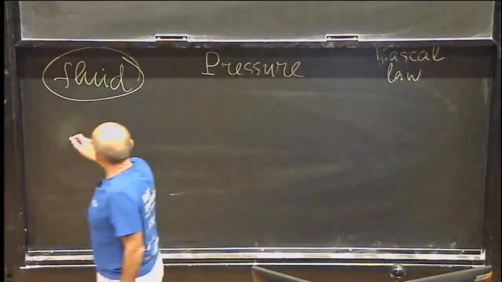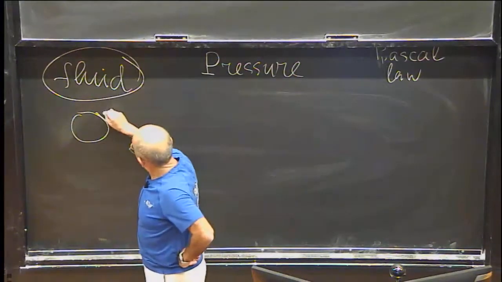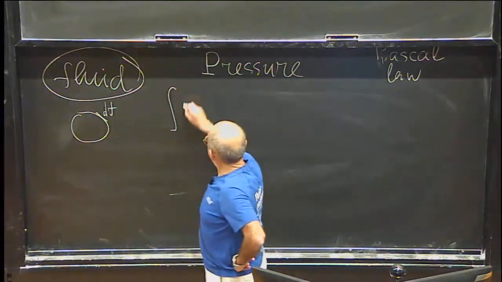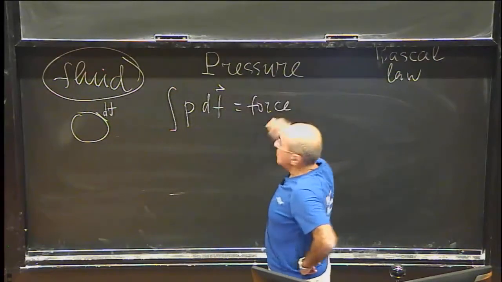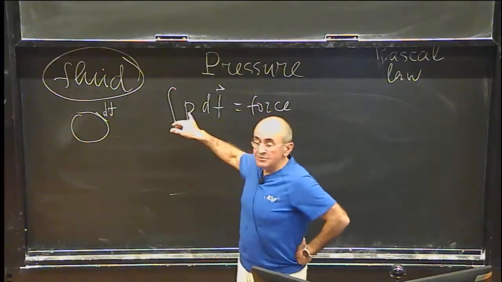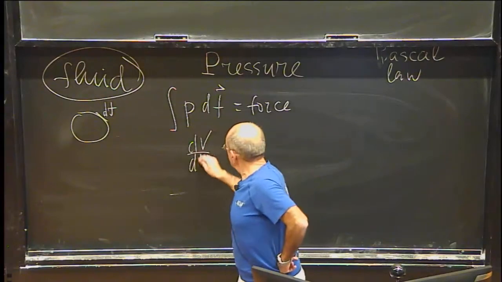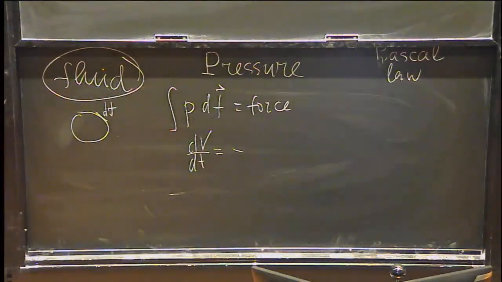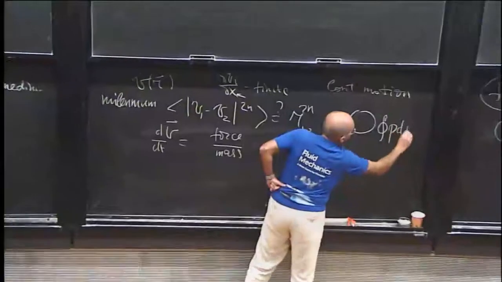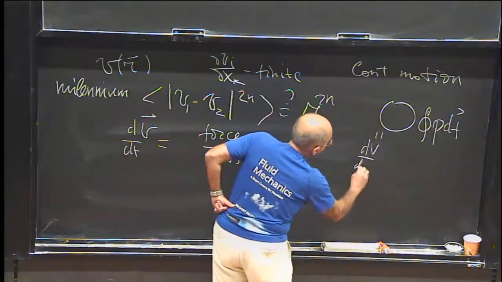And again, if I take this fluid element and define the normal, then P dF would be the force acting on it. So pressure is force per unit area, and so my dV/dt must be equal... oh, sorry. Okay. So what I'm saying is that the force is an integral of pressure over area, and this must be equal to dV/dt.